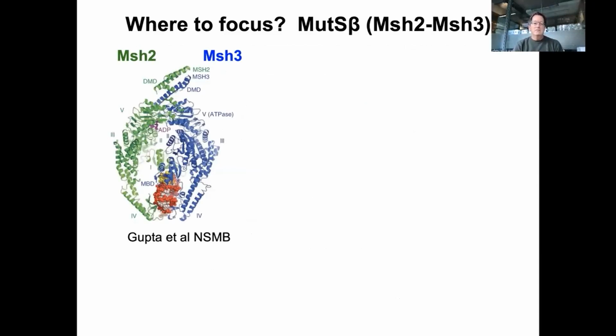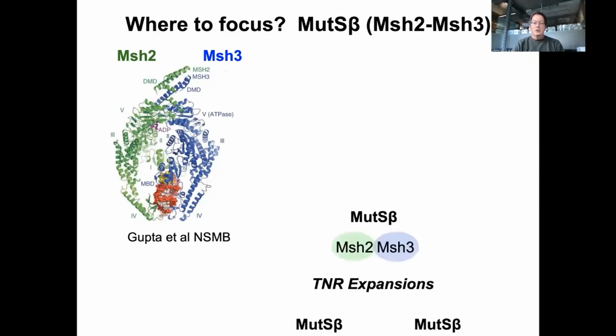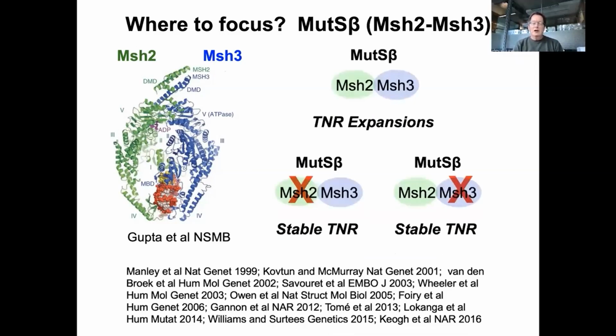So we know this protein factor is important in doing something that affects the age of onset and the rate of progression of HD. We also know from mouse studies, many of which were carried out in the lab of our subsequent speaker in the session, Vanessa Wheeler, that MutS beta is very important for expansions in HD mouse models.